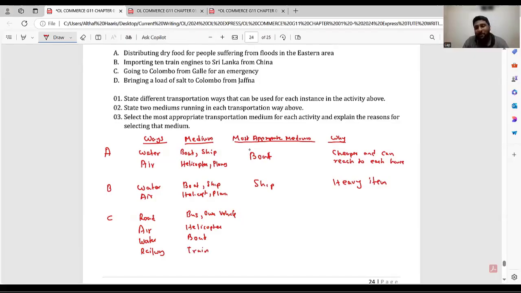So, what is the most appropriate one here, people? What is the most appropriate one, as you think? Think well. They're asking the most appropriate transportation medium. It's an emergency. So own vehicle or car or van is better. You can come quickly.